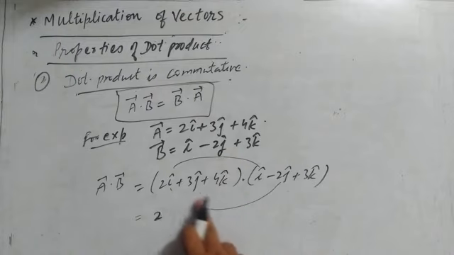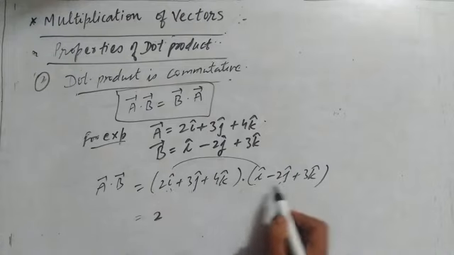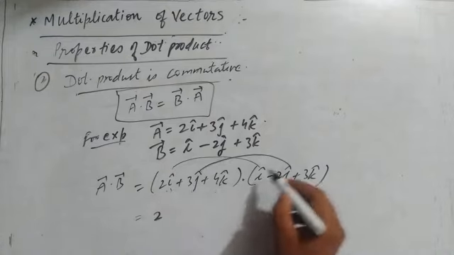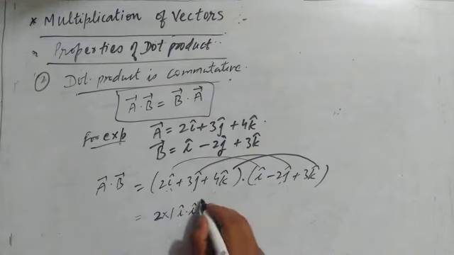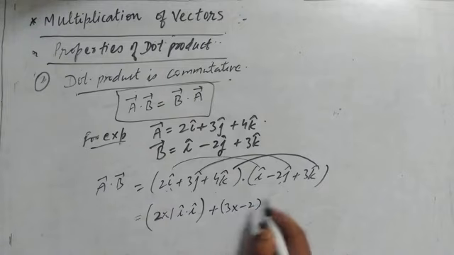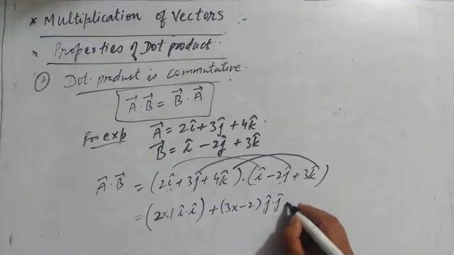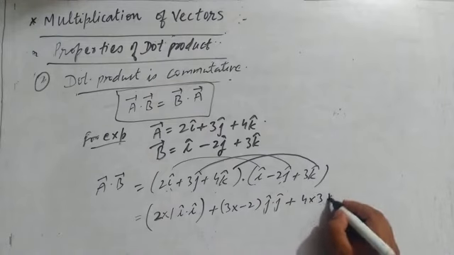We will multiply the quantities of i with i, j with j and k with k. So this becomes 2 into 1 (i dot i) plus 3 into minus 2 (j dot j) plus 4 into 3 (k dot k).